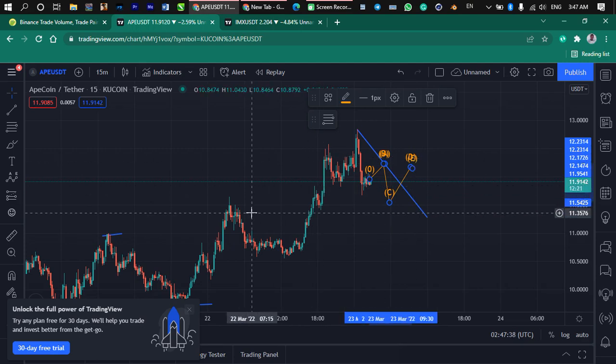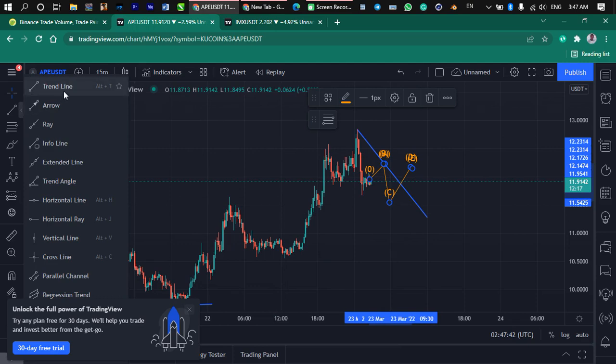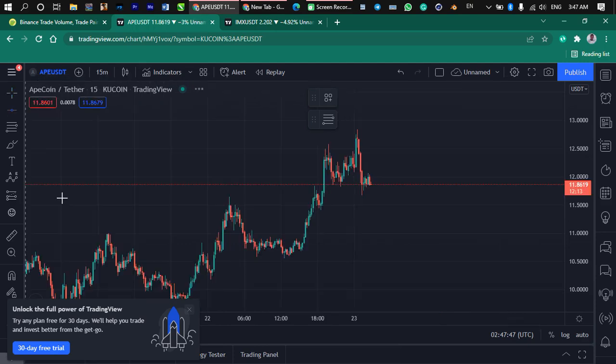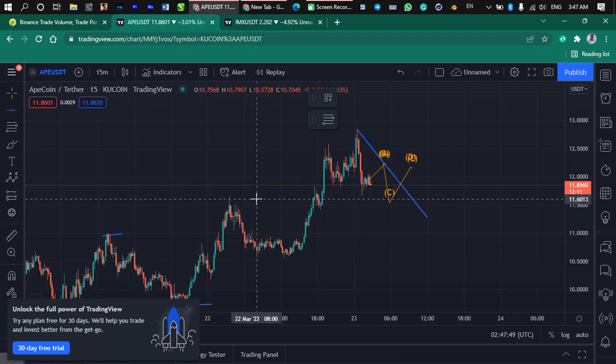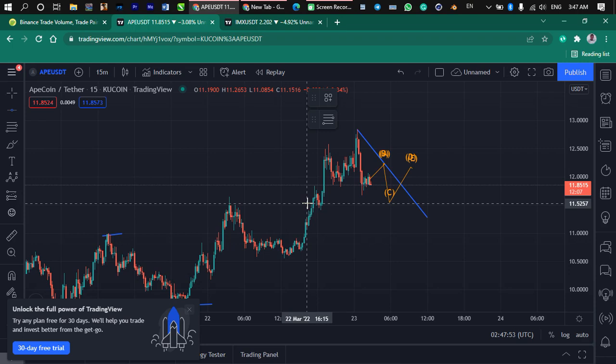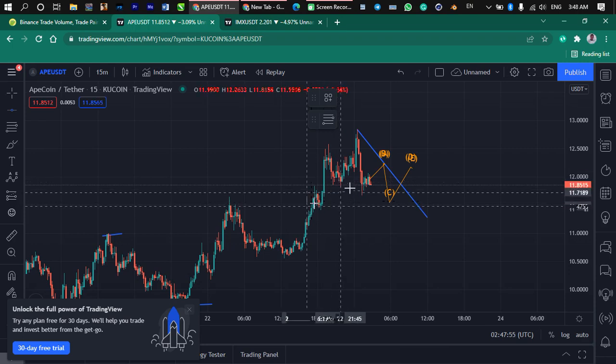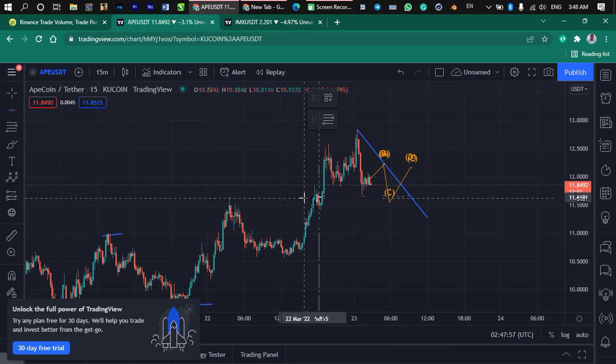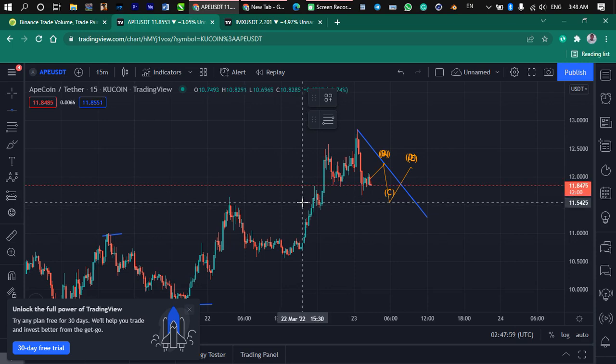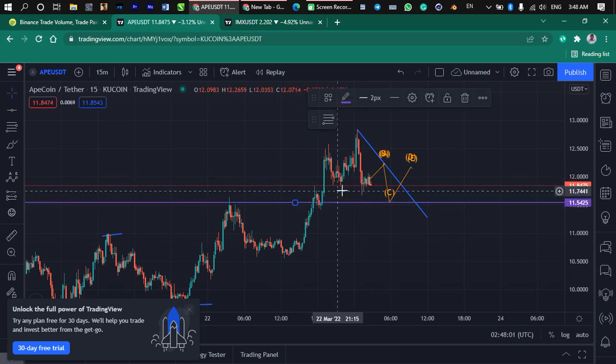Likewise, I did say something about support and resistance levels: whenever you are trading any coin, you should understand your support and your resistance level. Please have this in mind. If I'm to trade this coin now, I'm going to take this level as my support and resistance level.